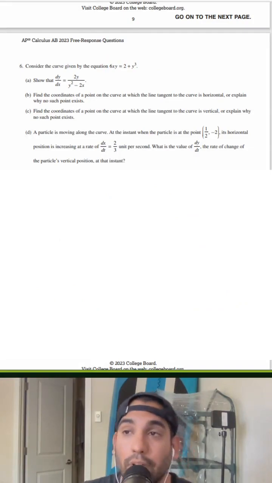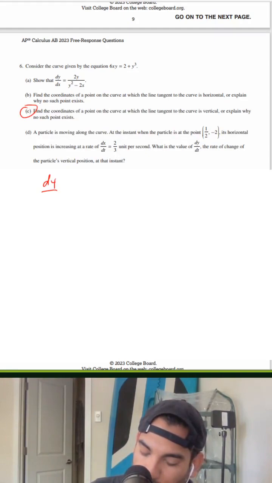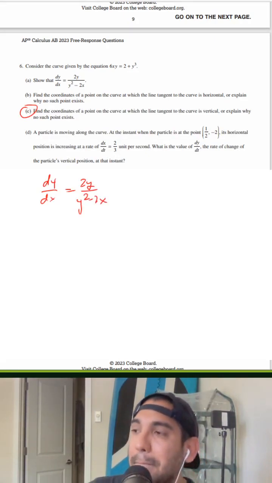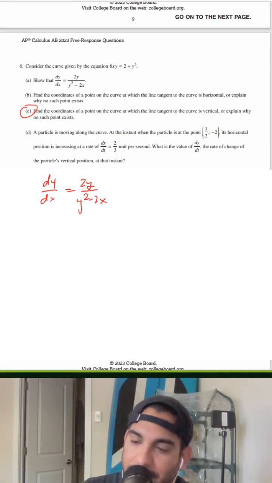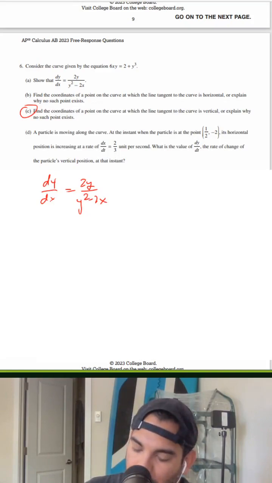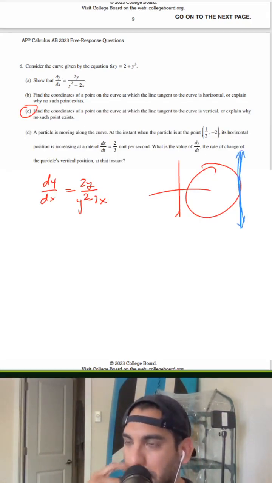Find the coordinates where there is a vertical tangent. So that just means vertical tangent. Same thing, we're going to take the derivative, but we're going to make sure we set the bottom equal to 0 because when you have a bottom of 0, your slope is undefined. That means that if I was to, for example, draw a graph, let's just say it's a circle, and I have a vertical tangent, my slope is undefined.